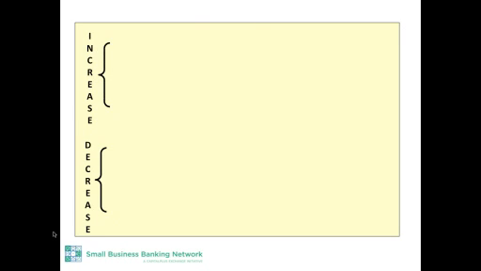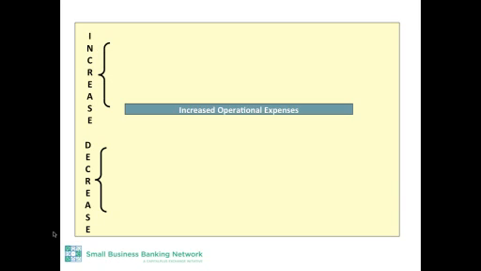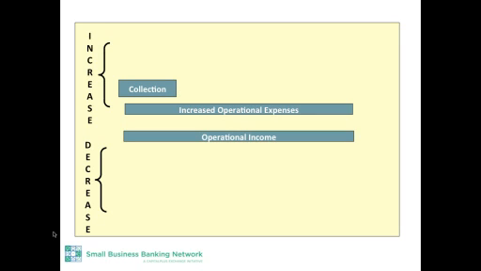Now, this slide summarizes the negative impact of loan delinquency. As we said earlier, first of all, it increases our operational expenses and decreases operational income. How does it increase operational expenses?